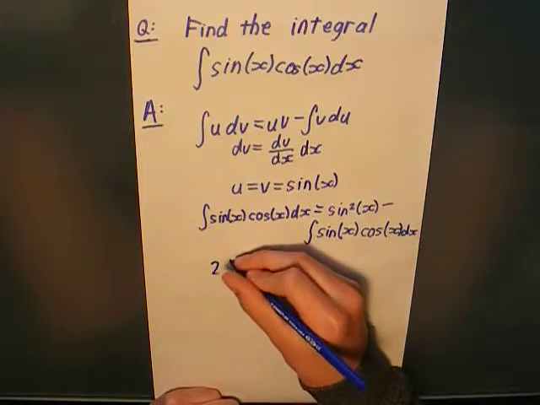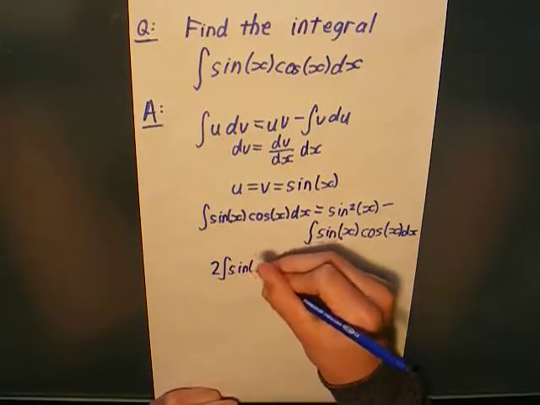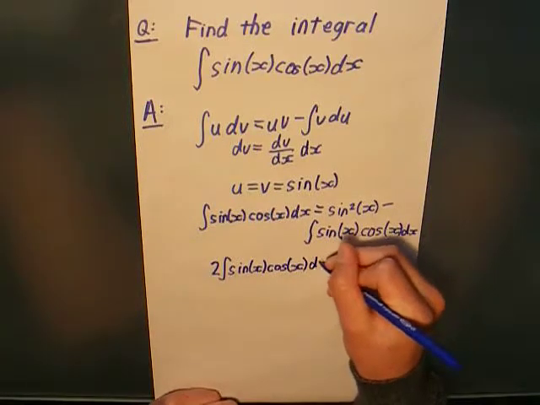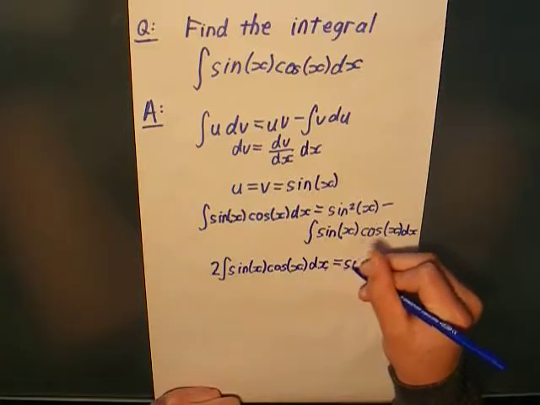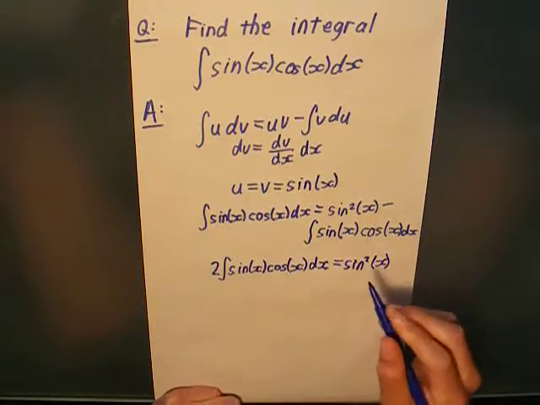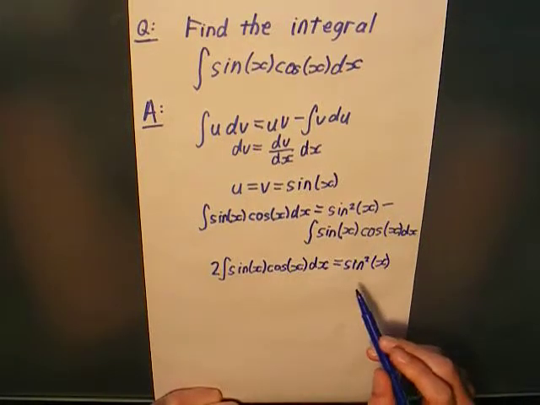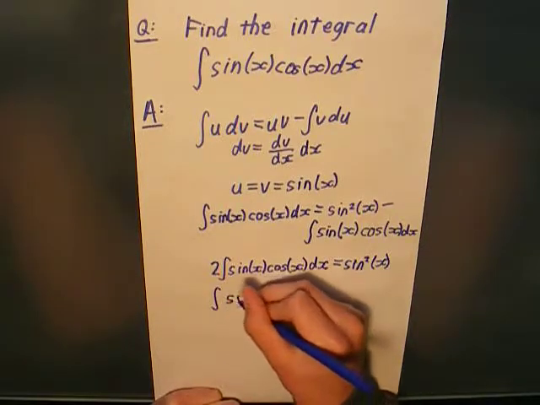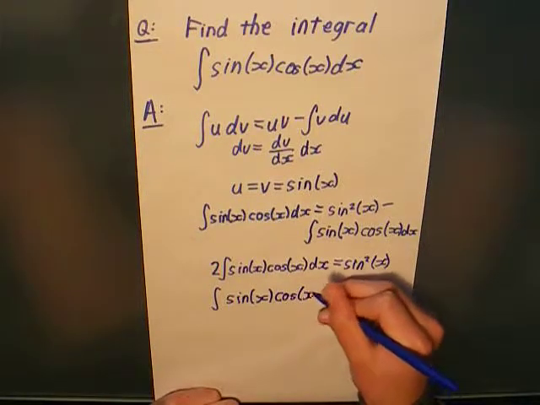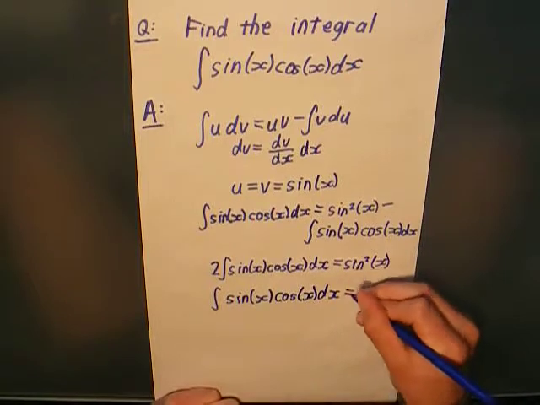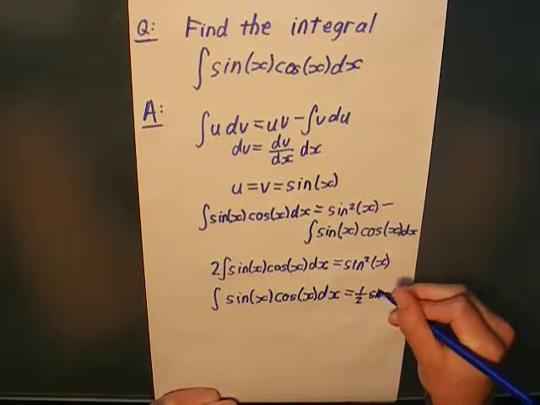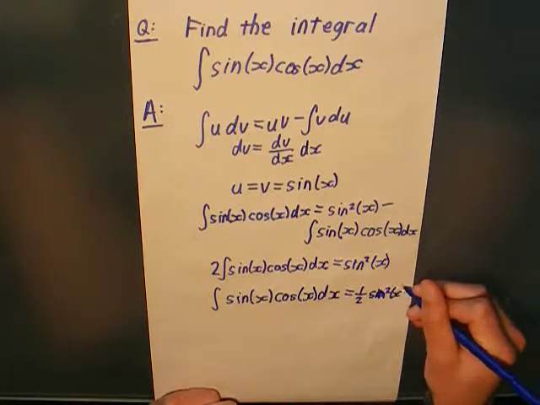So I have 2 integral sine of x cos of x dx equals sine squared of x, and then dividing it through by 2 gives you integral sine of x cos of x dx equals 1/2 sine squared of x.